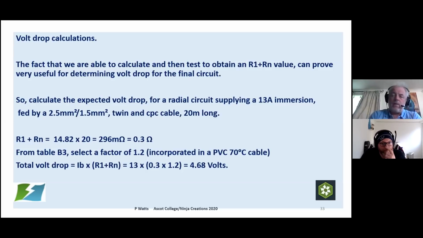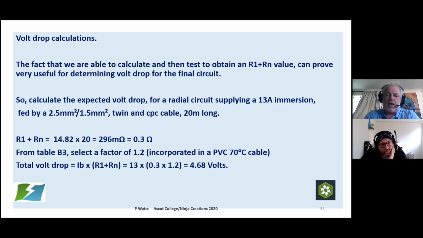Then from table B3, we apply that factor for the increase in temperature of the circuit when it is under use, looking at the maximum operating temperature. So we use the 1.2 factor, we apply that. To calculate the total volt drop, it's the 13 amps current, multiplied by the resistance of the cable.